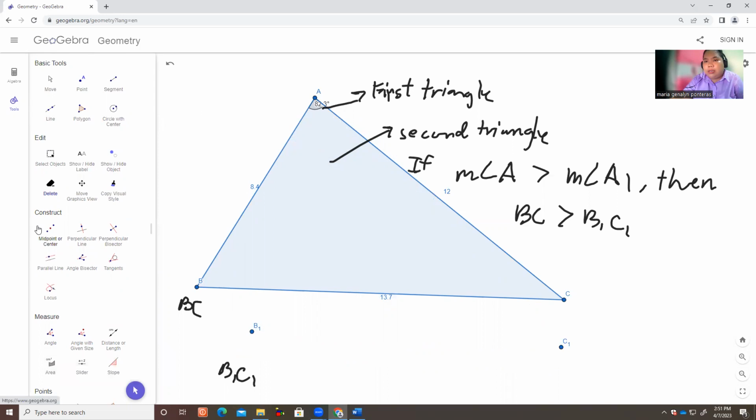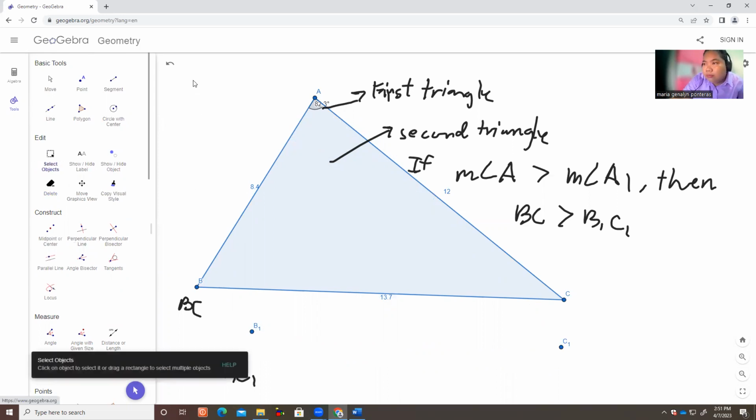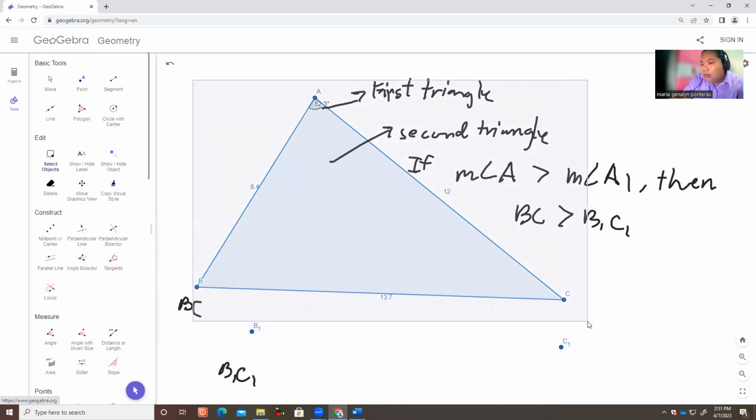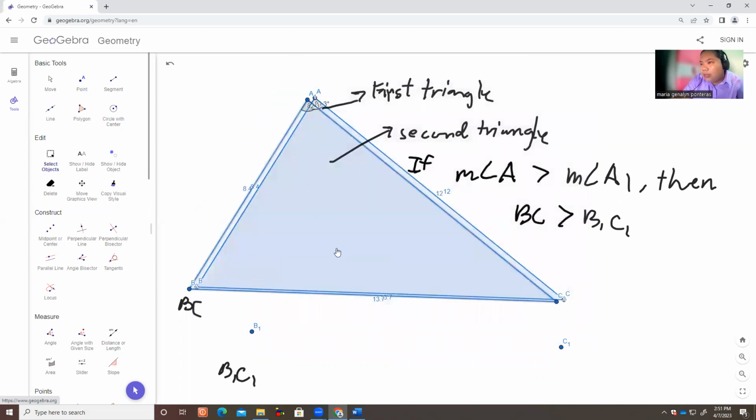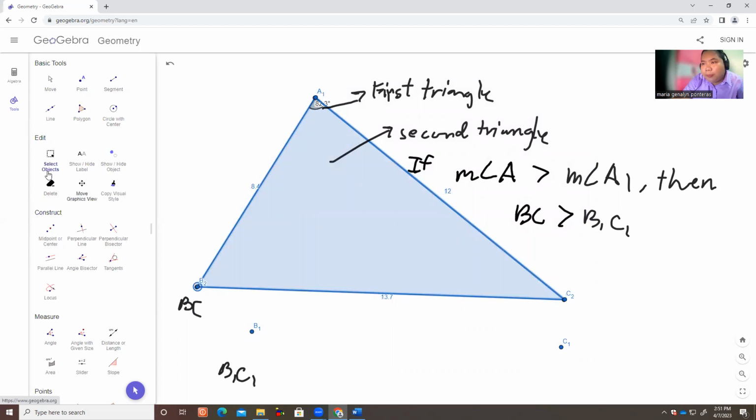So, burahin na rin natin yan. Duplicate tayo ulit. Ayan. Okay, so nakapag-duplicate na tayo ng triangle. We want na mas malaki naman.